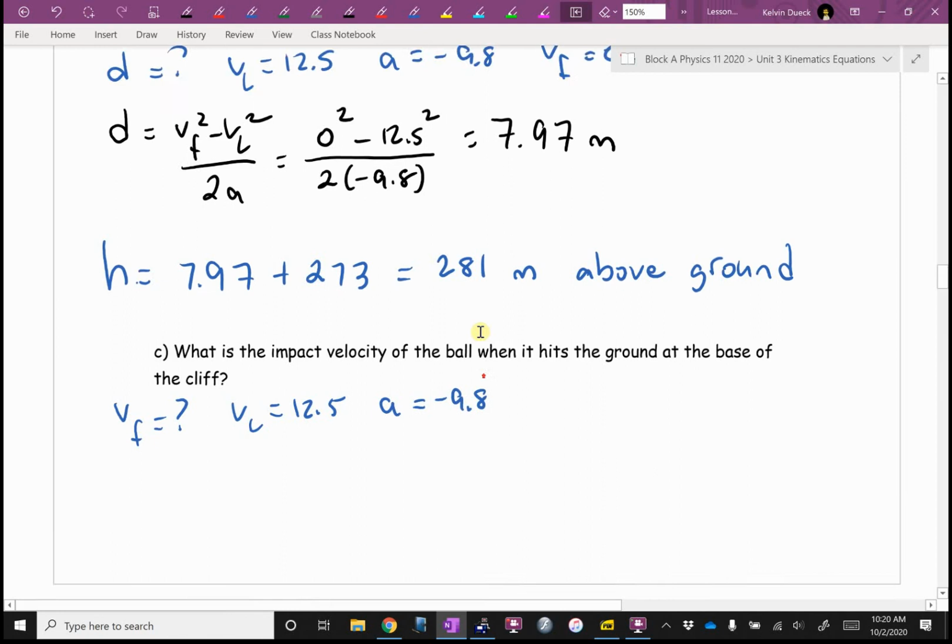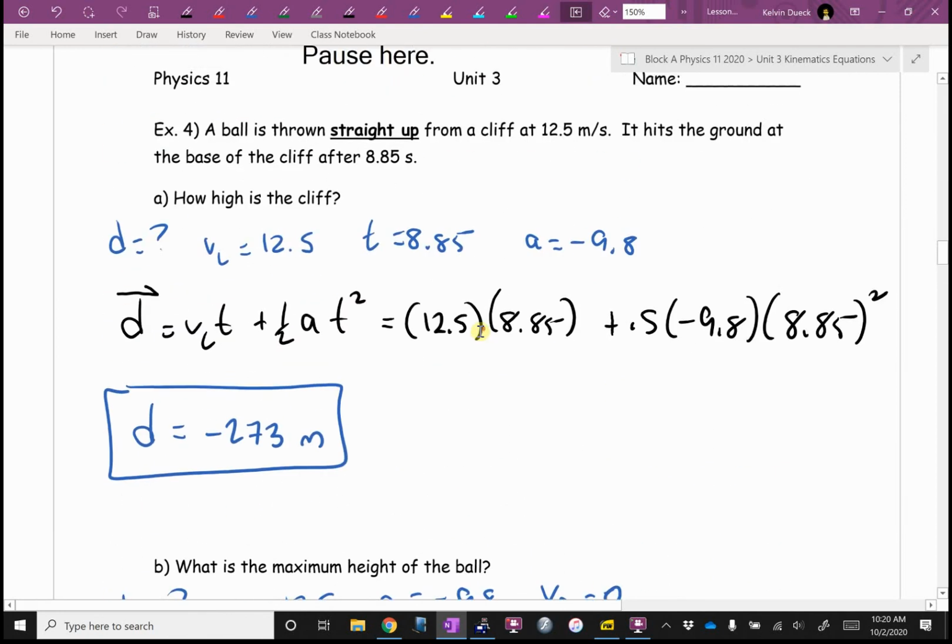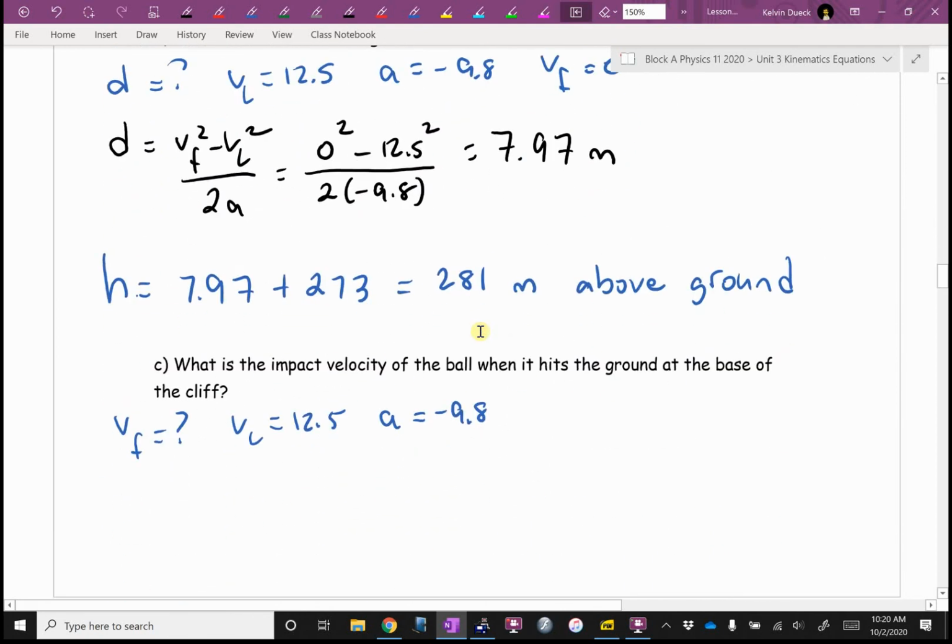What else have they told me? Oh, 8.85. I'm looking for an equation that has a VF, a VI, an A, and a T in it. There is one. And I need to get the VF by, oh, already is.